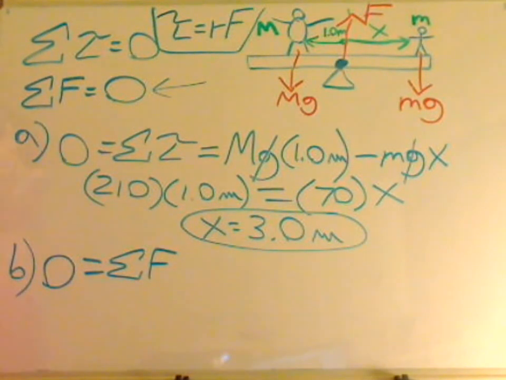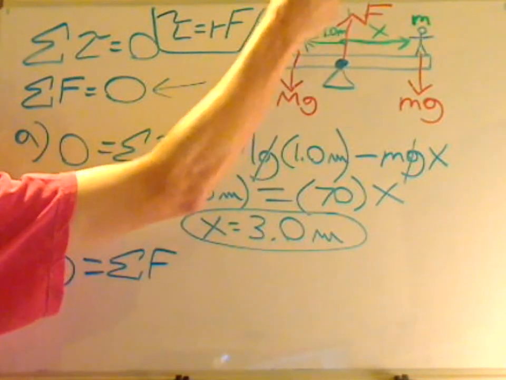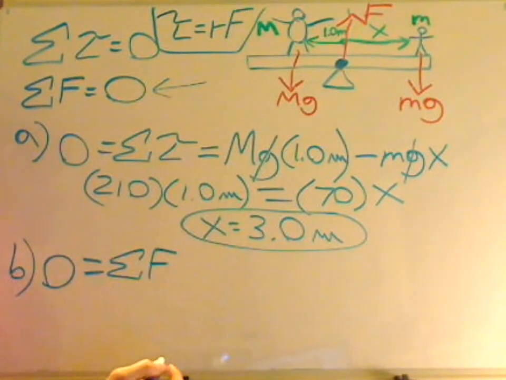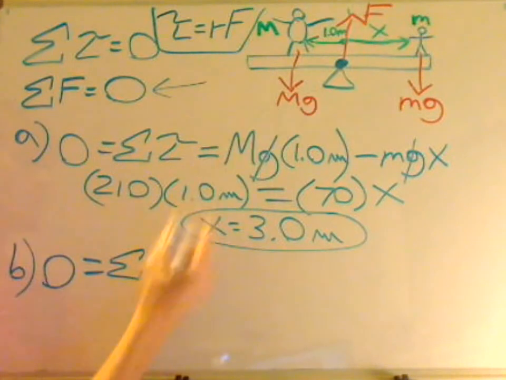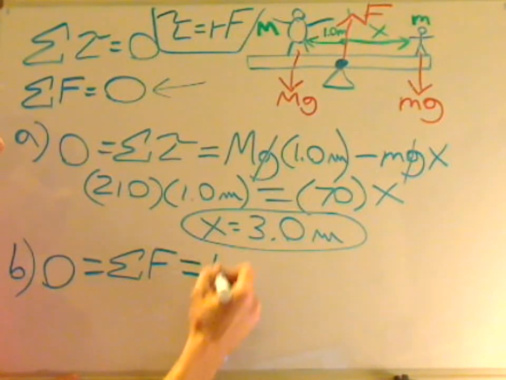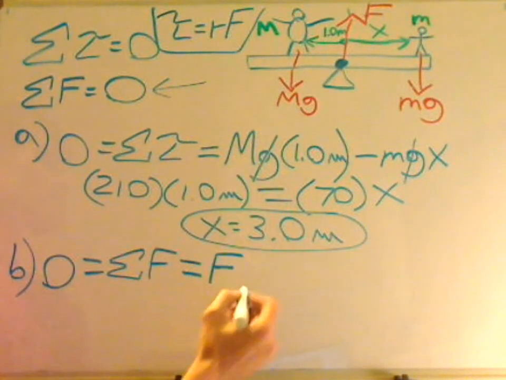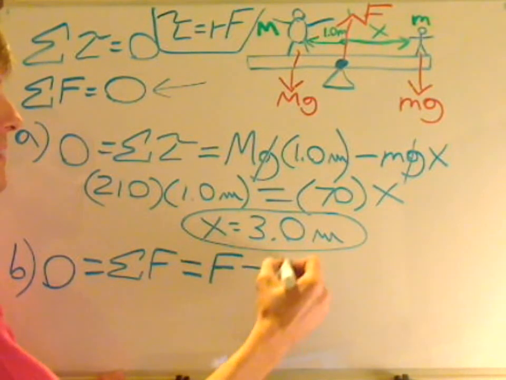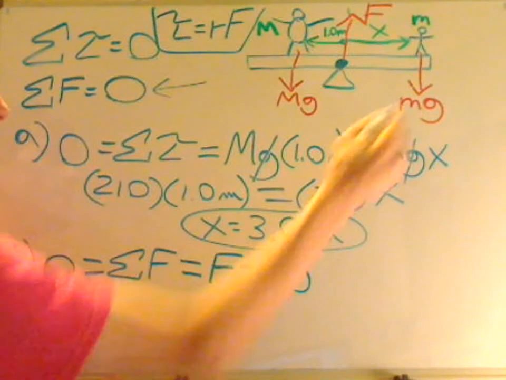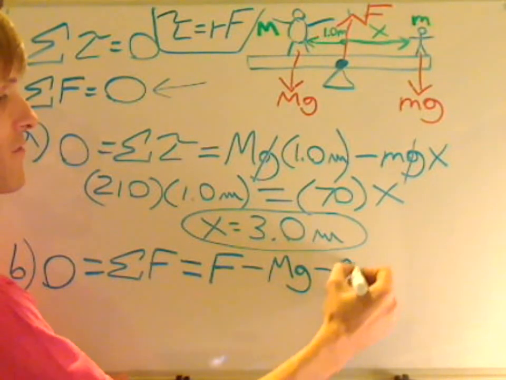And our convention, as usual, is going to be upward force is positive, downward force is negative. So our upward force is F. And then we get 2 downward forces. Big M g, which means we get a minus big M g, and minus a little m g for the other force.